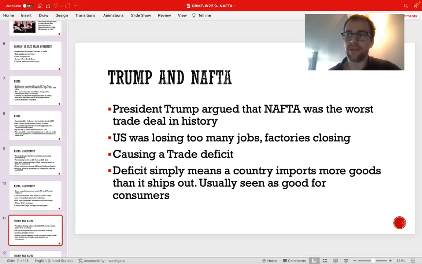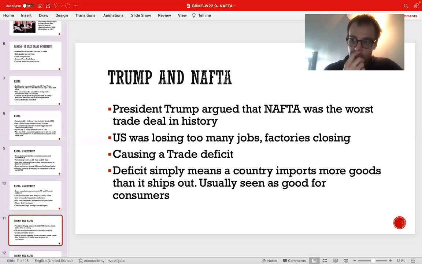And that many companies, such as Carrier, an air conditioning company out of Indiana, were moving to Mexico for cheaper labor, leading him to make blustering threats to these companies that were shifting their production to Mexico due to the low labor costs. And he was saying that these companies were increasingly profitable, meanwhile U.S. workers specifically were not benefiting.